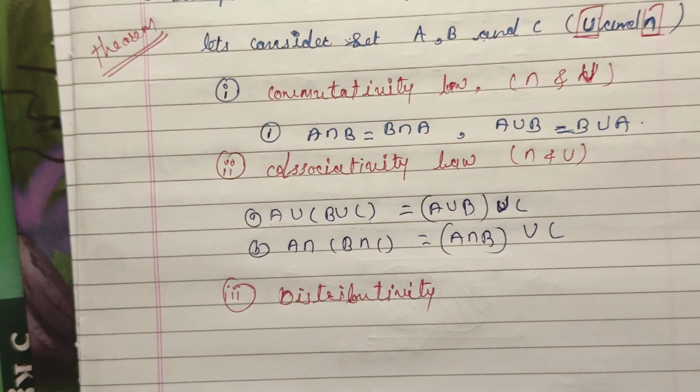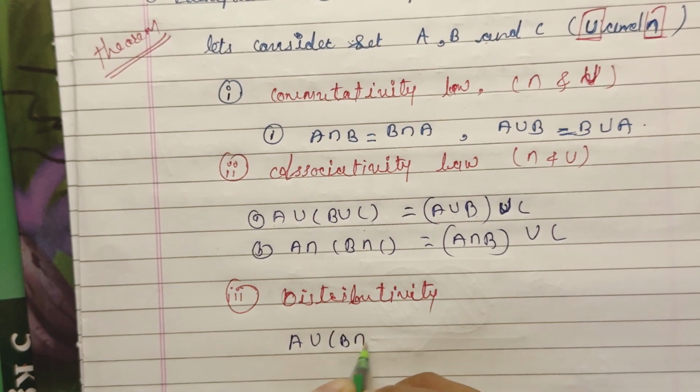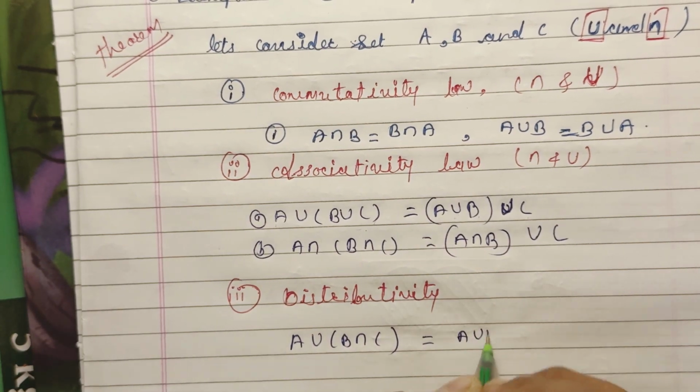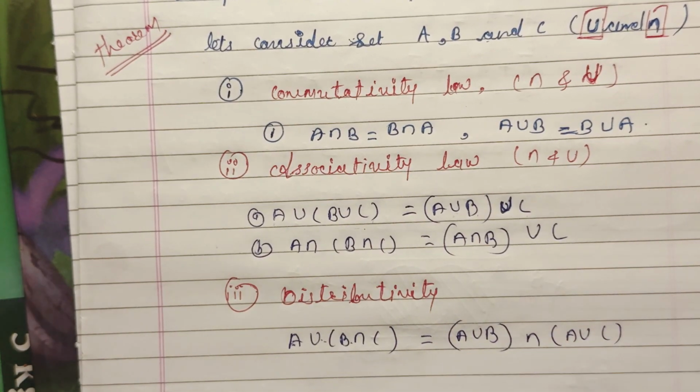When union and intersection are merged together, then we apply the distributive law. Like A union B intersection C, we write this as A union B intersection A union C.